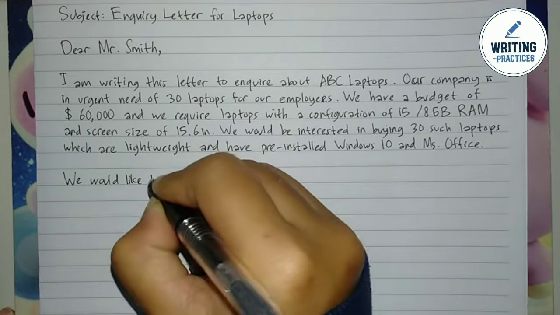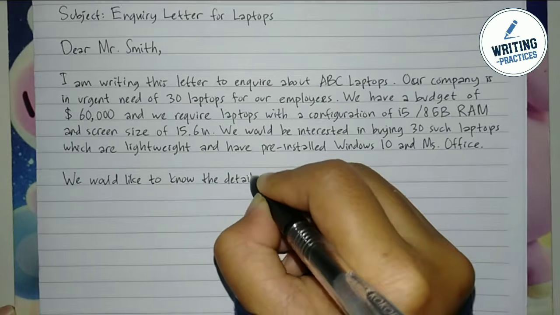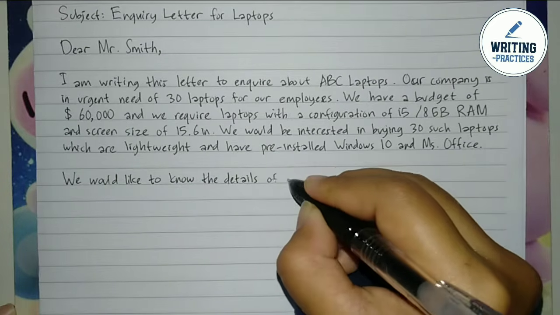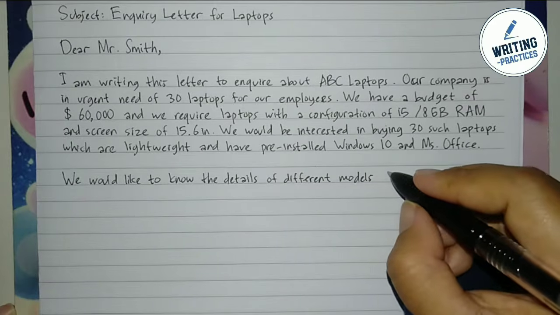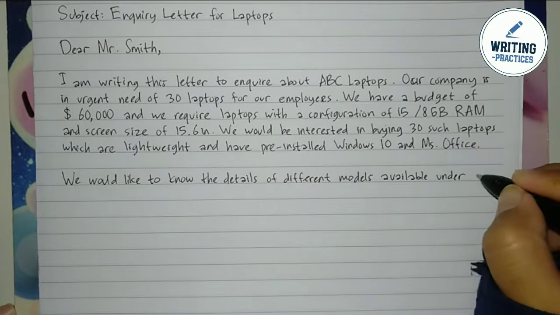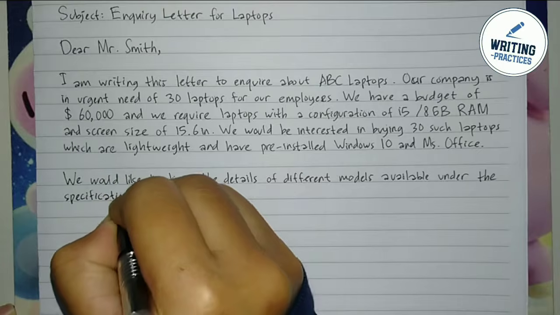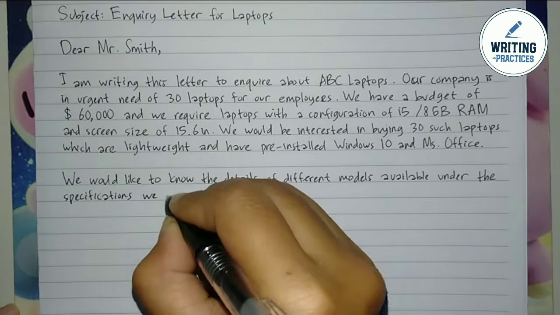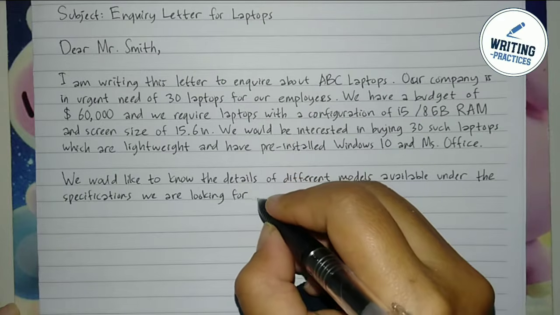In the second paragraph, write that you want to know all details of some alternative products. Since you have a limited budget, you can mention models under the specifications you mentioned. And you have to give another alternative when the recipient doesn't have the products you want.